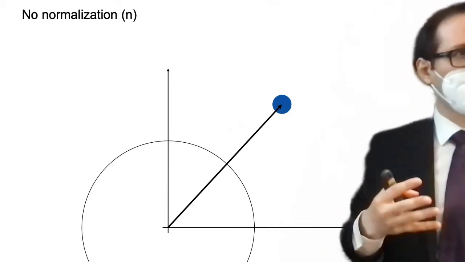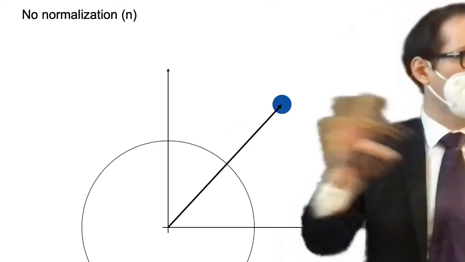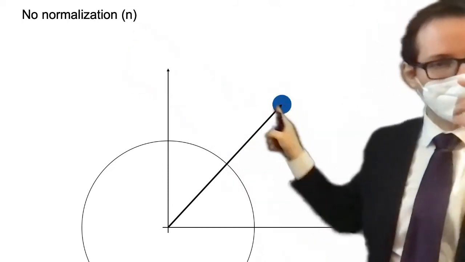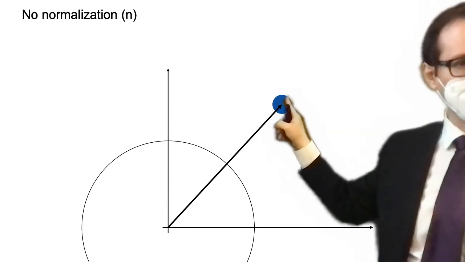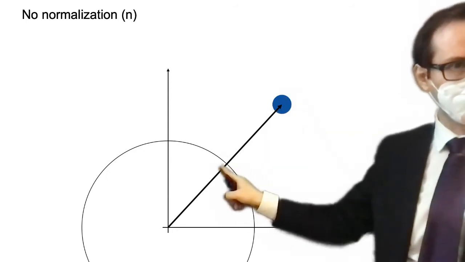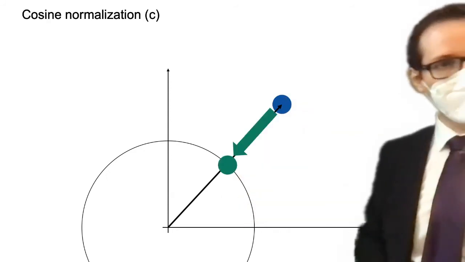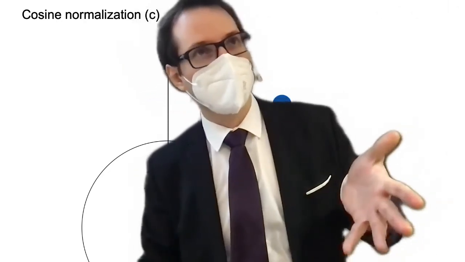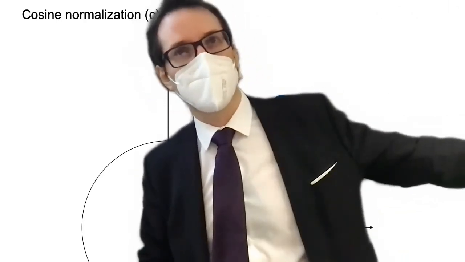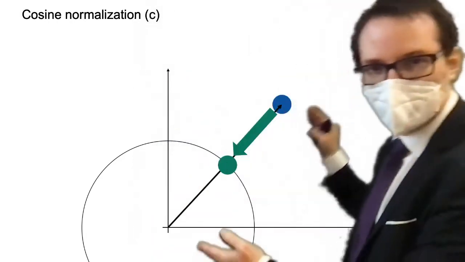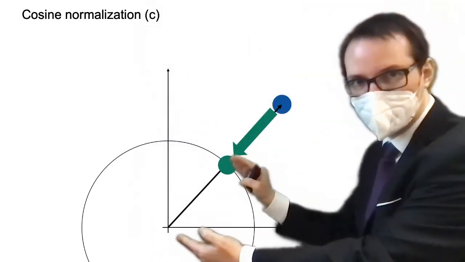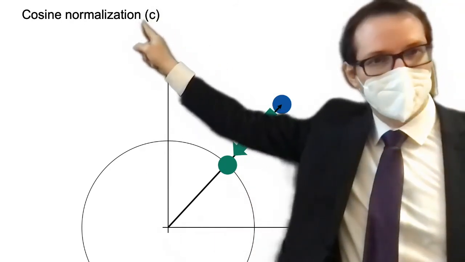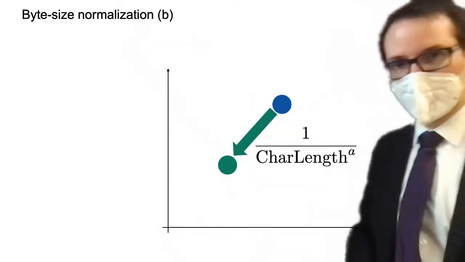What do we do with the normalization? First, nothing. We don't renormalize at all. N means that we keep the vector like it is, without dividing by the norm. Second, the cosine normalization. This one we've seen. This is the one I showed you in the last hour, when we divided by the Euclidean norm and brought it back to the unit sphere. So we use the C to denote that one.